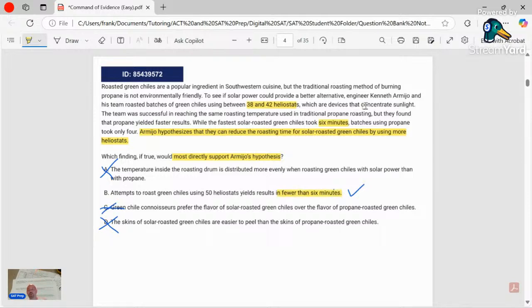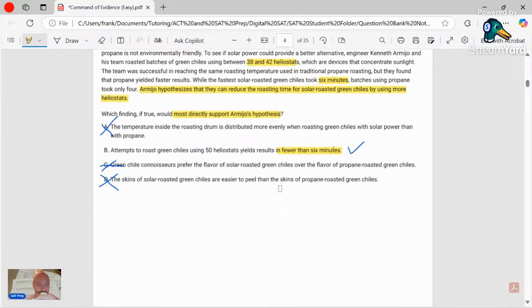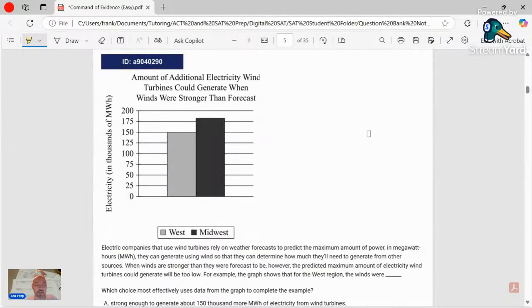So it reduced the roasting time by using more heliostats, but I didn't even have to check that because only one answer choice addressed the question. So I only had to read the passage to find out what the hypothesis was, and then a little bit more because I didn't know what heliostats were. And when I read the answer choice, it didn't say anything about solar. All it said, solar roasted green chiles by using more heliostats. Oh, I guess it did. I really didn't have to know what heliostats were.